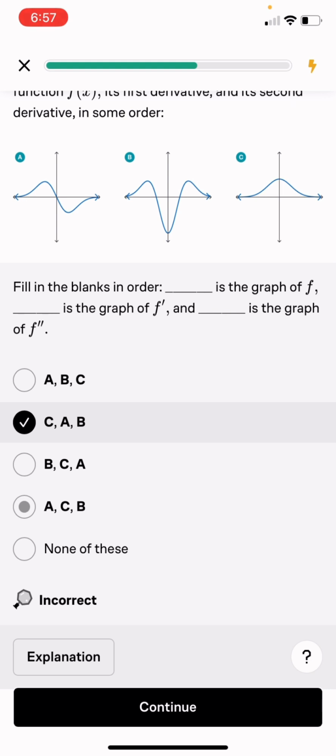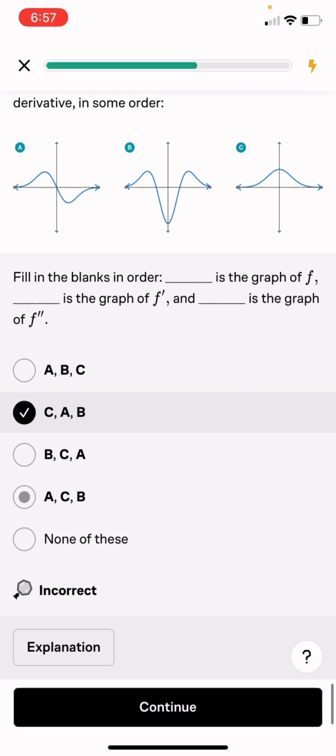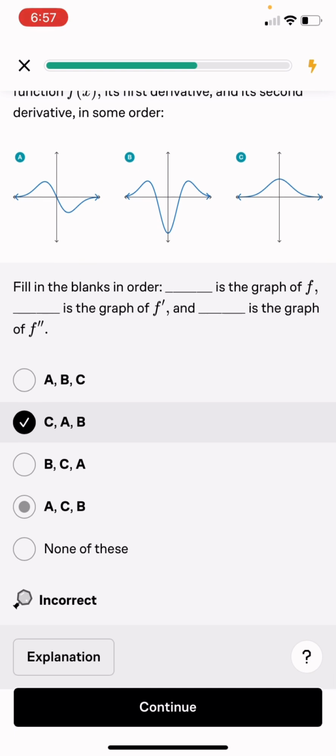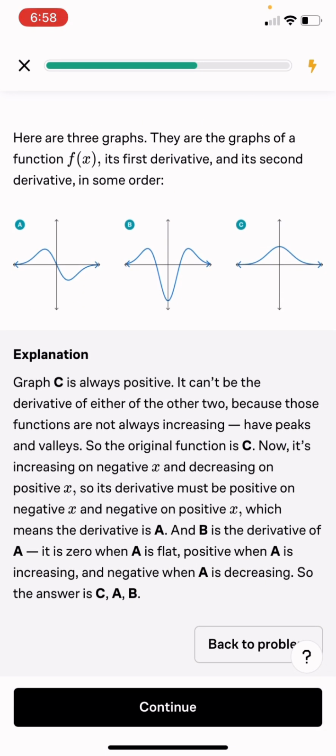Graph C is always positive. It can't be the derivative of either of the other two because those functions are not always increasing; they have peaks and valleys. So the original function is C. Now A is increasing on negative x and decreasing on positive x, so its derivative must be positive on negative x and negative on positive x, which means the derivative is A. And B is the derivative of A. It is 0 where A is flat, positive when A is increasing, and negative when A is decreasing.